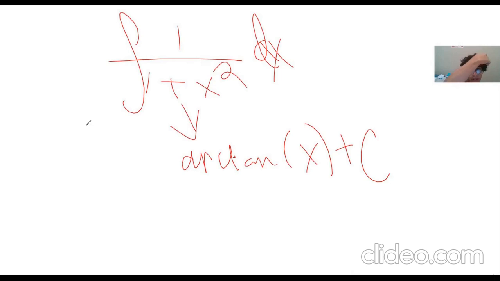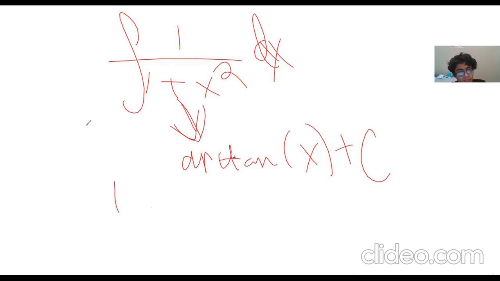But sometimes it's not going to be so obvious, but something will look arctan-ish, right? It'll look kind of like arctan, but you can't necessarily just do this easy integration in one step. You have to make it look like arctan with some manipulation.